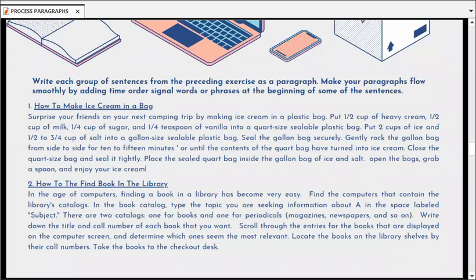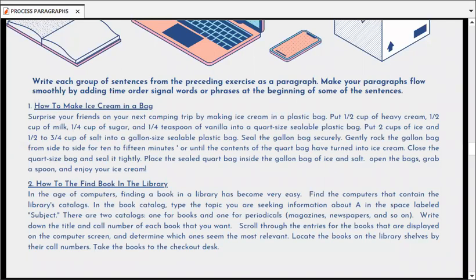Seal the gallon bag. Gently rock the gallon bag from side to side for 10 to 15 minutes until the contents of the quart bag have turned into ice cream.